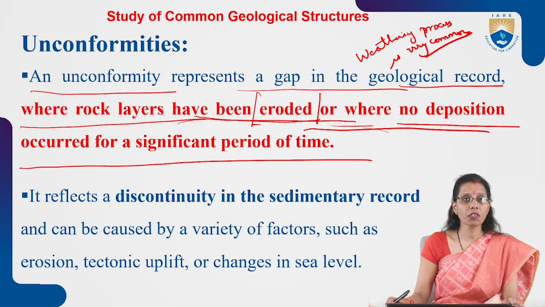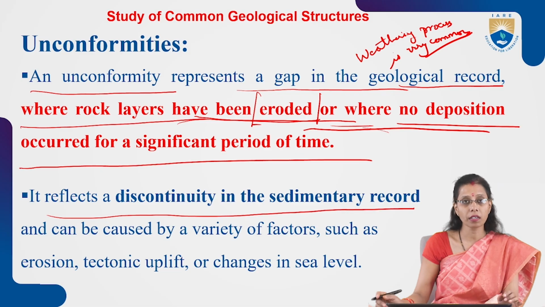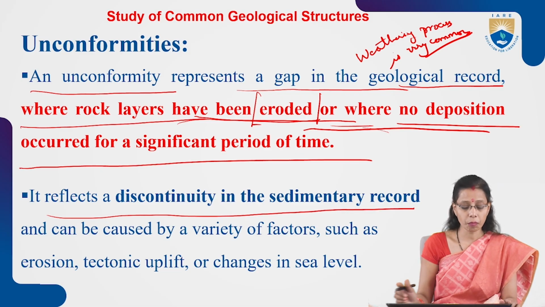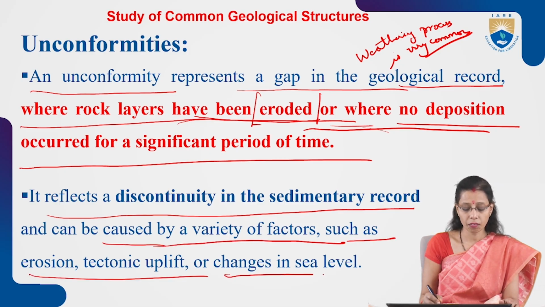So there is a gap between the erosion and the deposition of sediments again back to the rock surface. It reflects a discontinuity in the sedimentary record and can be caused by a variety of factors such as erosion, tectonic uplift, or changes in sea level.